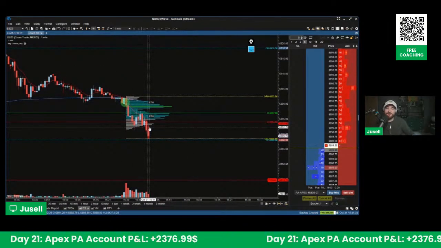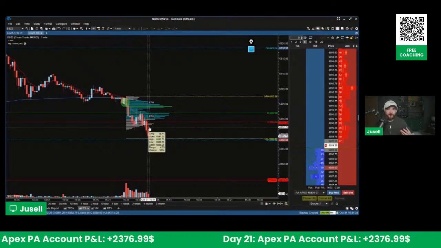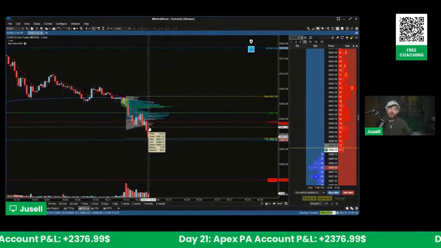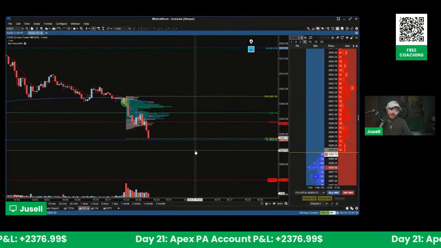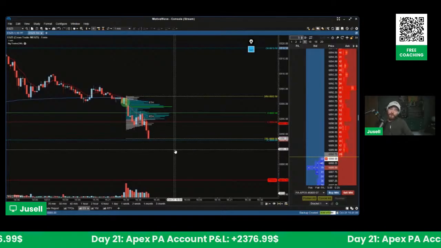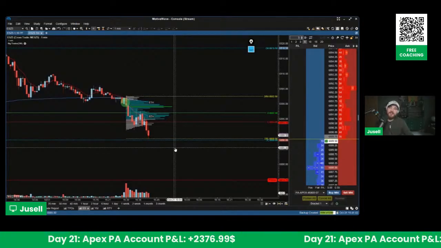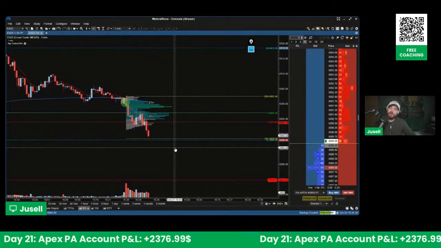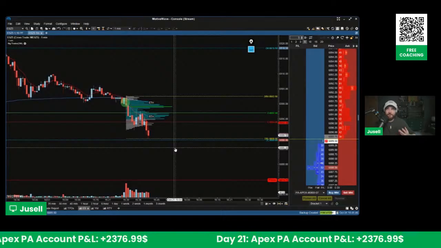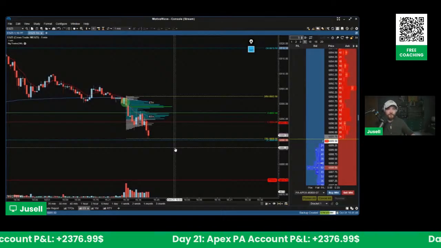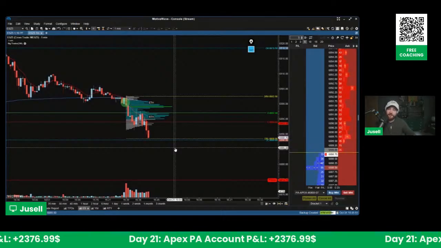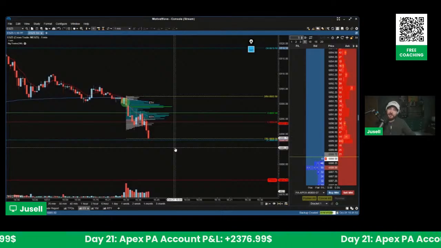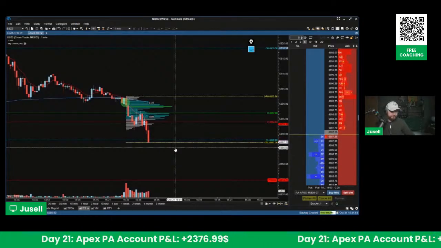If someone traded my strategy with my exact rules, they would not understand the nuances and the things I see. You can take someone else's strategy and make it your own. That's my tip to you: if you find something that makes sense to you in the market, take it, study it, and make it your own.